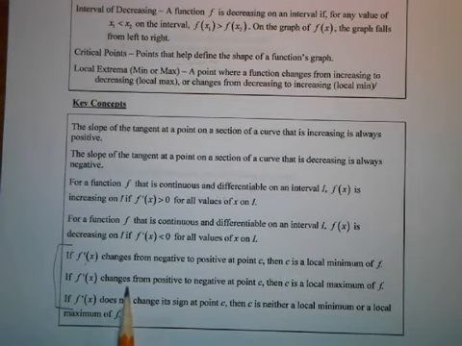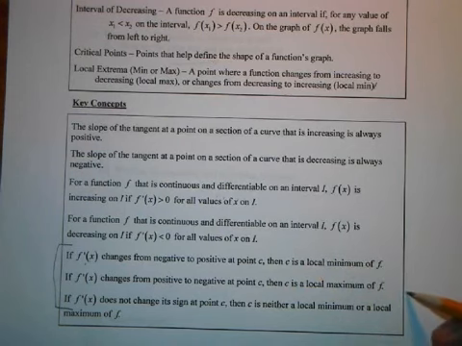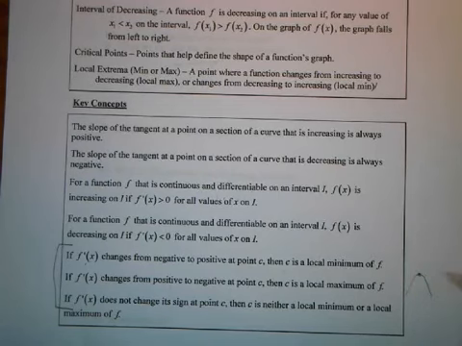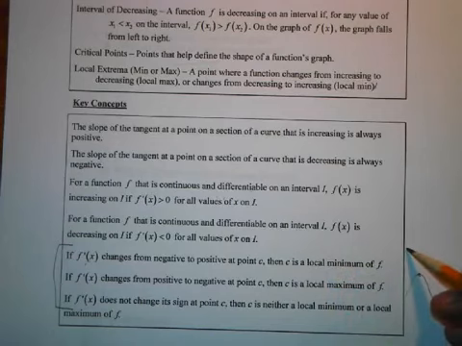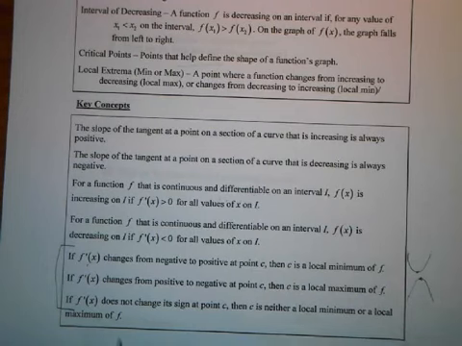If the derivative changes from positive to negative, you could think of it this way: it's going up, and then it changes to going down. That point would be a local maximum, and the one above, going from negative to positive, is a local min.